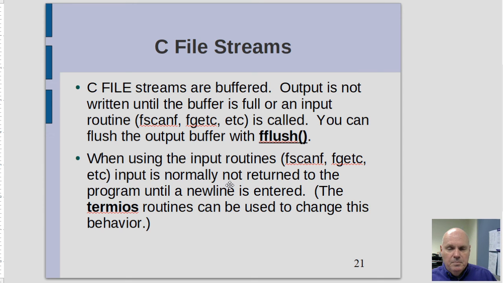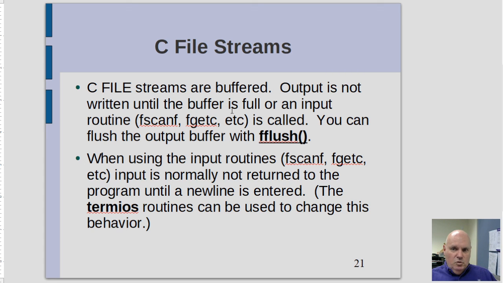Okay. C file streams are buffered, so you don't normally see the output until the buffer becomes full. You can flush the output with a special routine called fflush, like fflush(stdout) would flush standard output, for example.